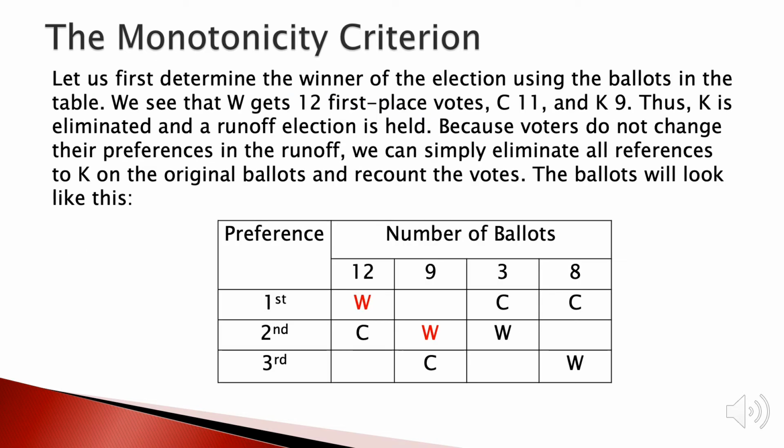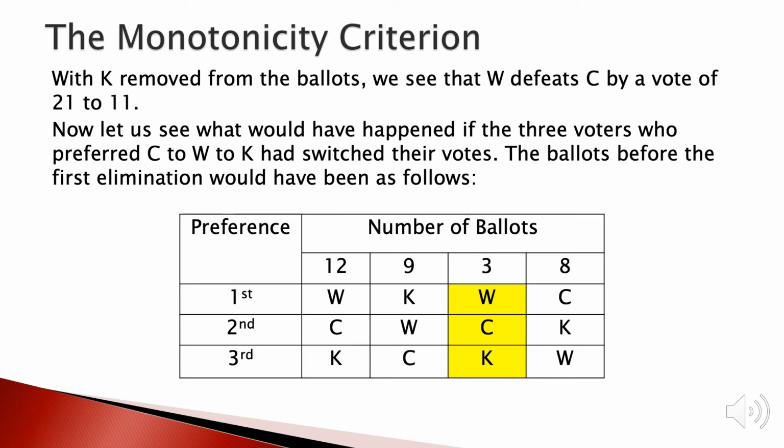First of all, we determine the winner by the plurality with elimination method. It gives W to be the winner. Because we already discussed how to apply the plurality with elimination method, I just give the answer here. Now we change the highlighted column to be W, C, and K. We first remove C because it has the fewest first preference votes.